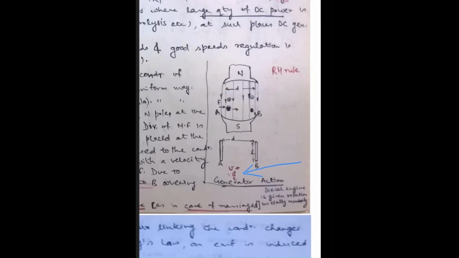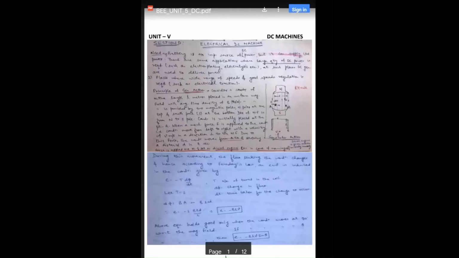Due to the application of force, the velocity which is experienced by this rotor or rotating armature is D by T. Also, suppose that this length of the armature is L. Consider this conductor of length L meter placed in this field, and the average flux density is B Tesla, and it is uniform.